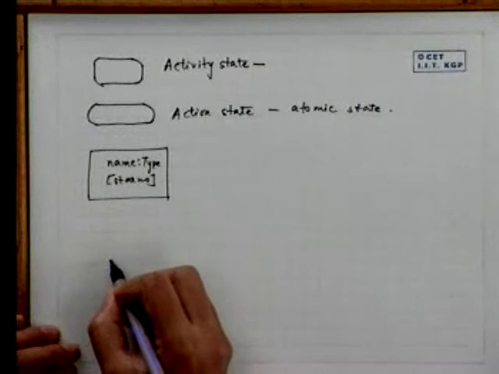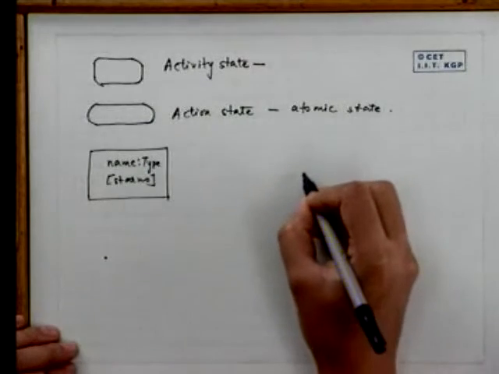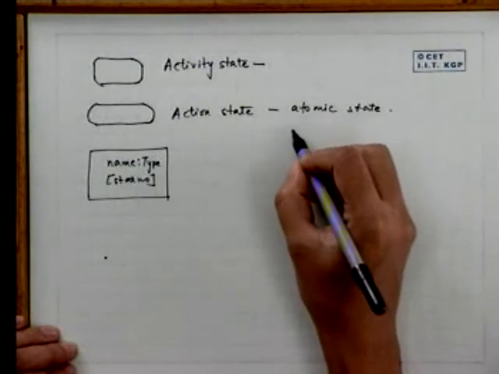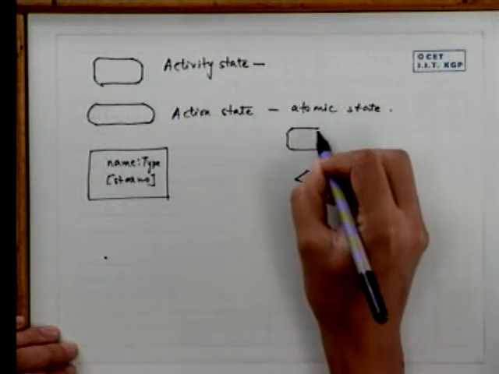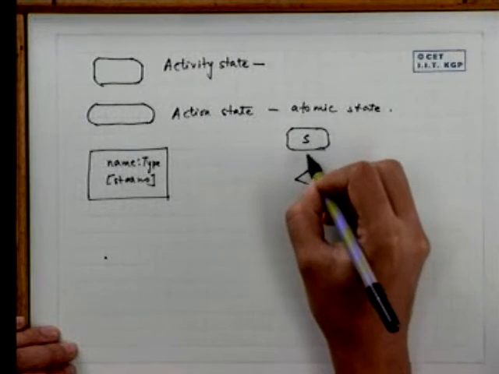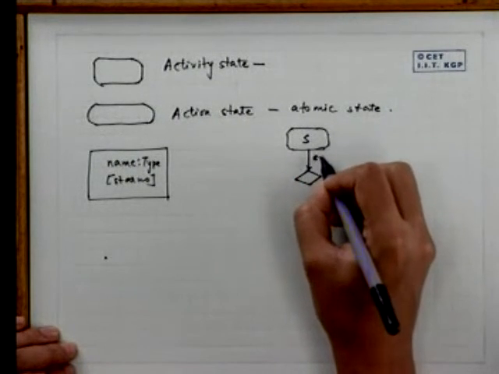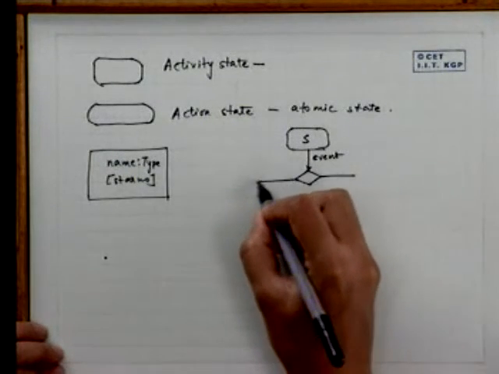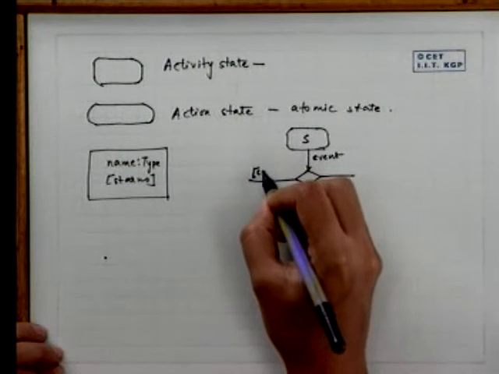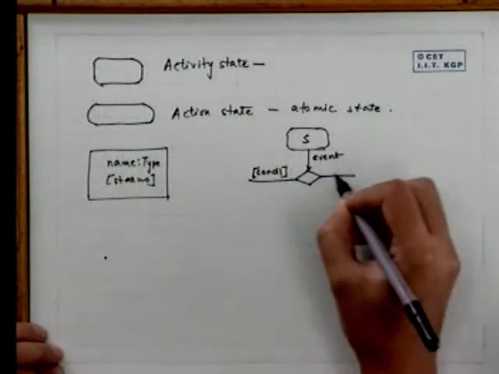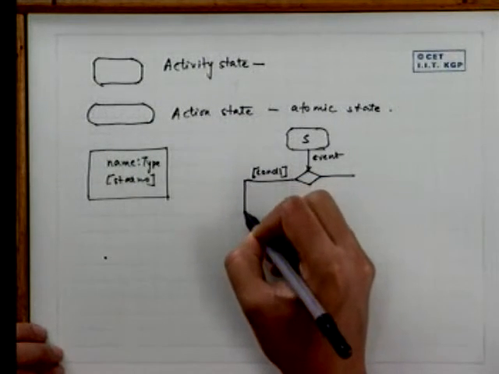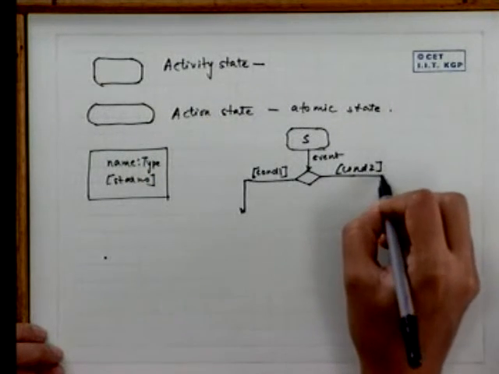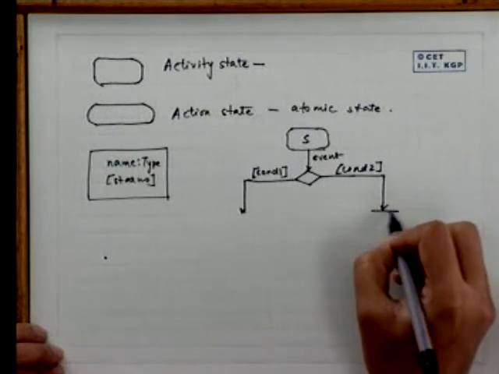Branching and merging is denoted like this. Branching is denoted by a diamond. Suppose you have an activity state here, S, and there is an event when the branching takes place. You can attach a condition to the different branches. Suppose under condition 1, the system follows this branch. Under condition 2, the system follows this branch.